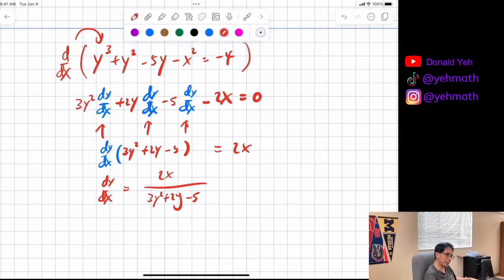Now, I'm going to write down one more thing that's very, very important. So the numerator of dy dx equal to 0 is called horizontal tangent.